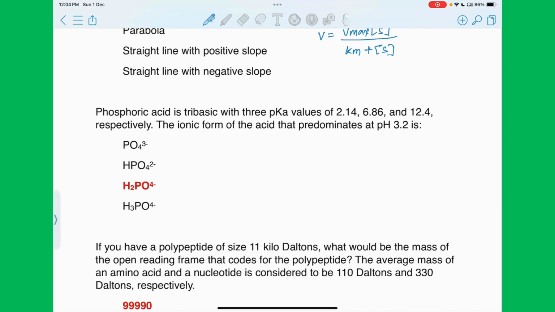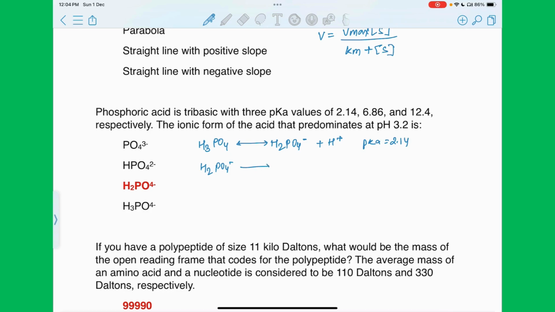Phosphoric acid is tribasic with 3 pKa values 2.14, 6.86 and 12.4 respectively. The ionic form of the acid that predominates at pH 3.2 is? So let's write all the three forms of phosphoric acid. Firstly, it will get converted, the pK for this is 2.14.